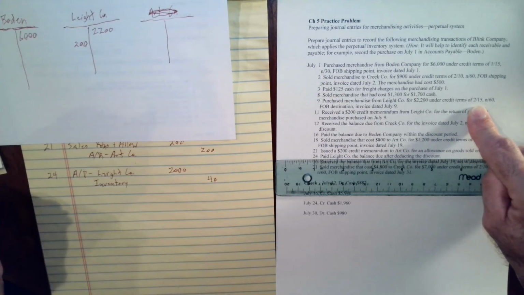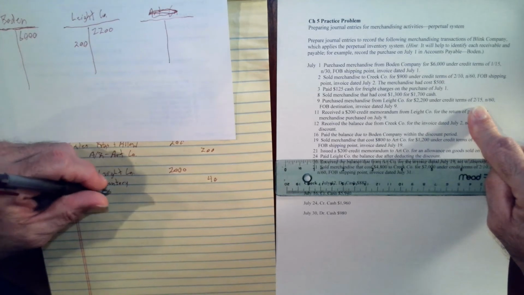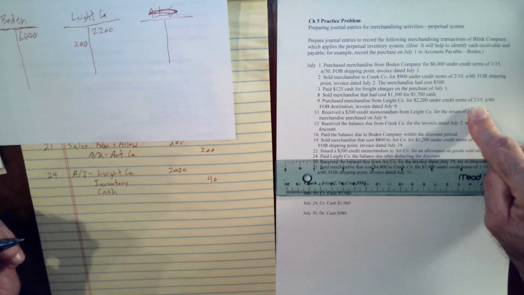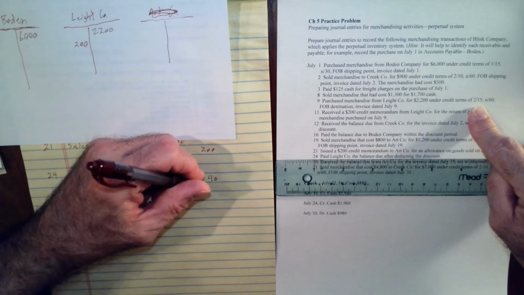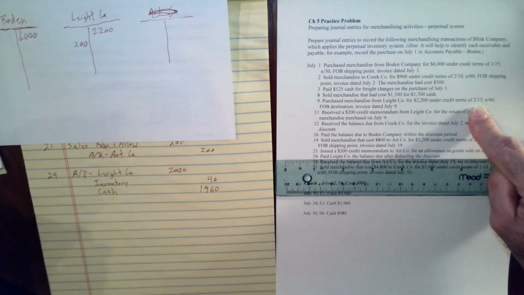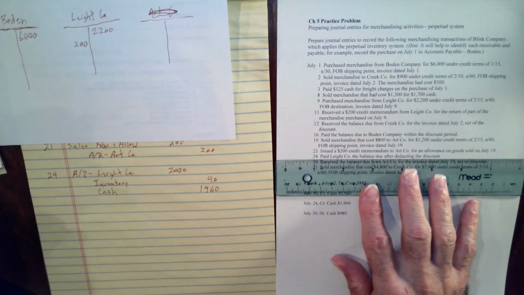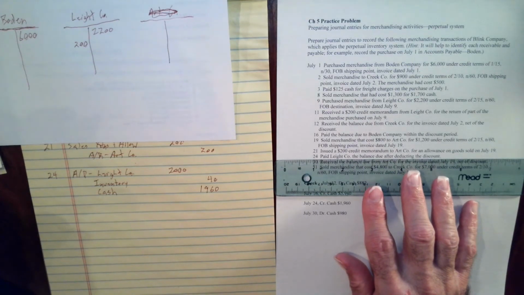Okay, and then the difference is going to be paid out in cash, which will be $1,960. Okay. And that should take care of everything for the 24th.